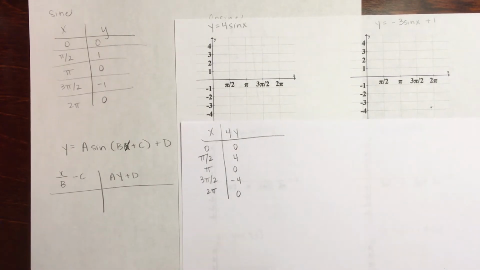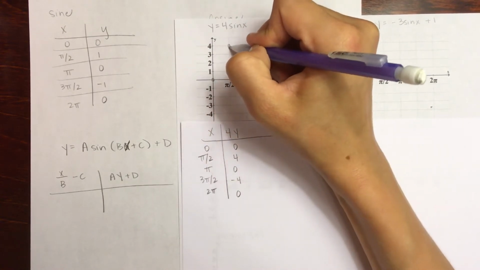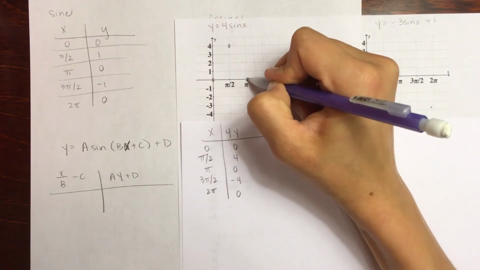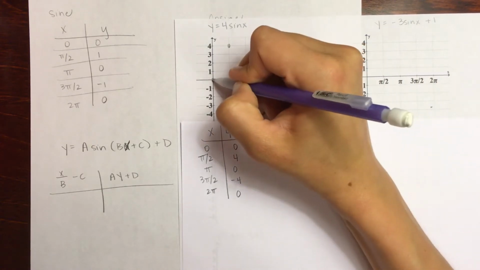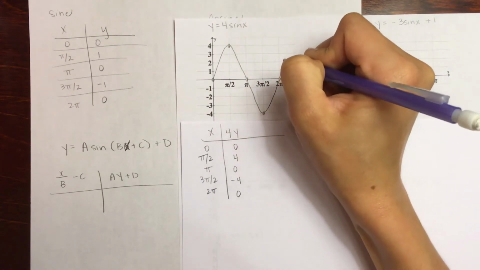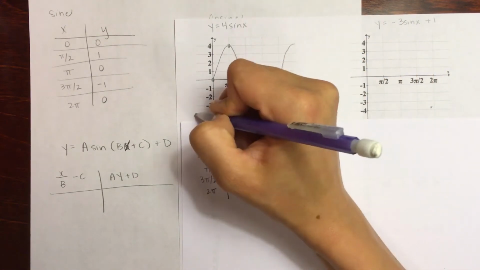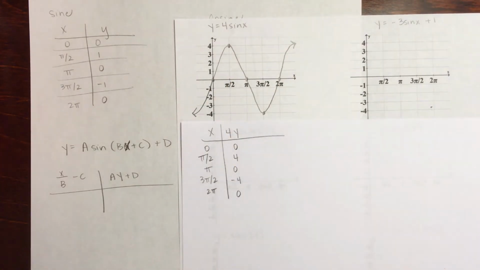Those are the 5 points that I'm going to plot. So 0, 0; pi halves, 4; pi, 0; 3 pi halves, negative 4; and 2 pi, 0. And I could continue on the curve. There is my graph. See, that wasn't so bad.